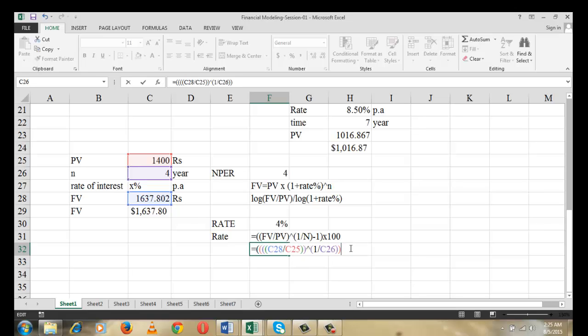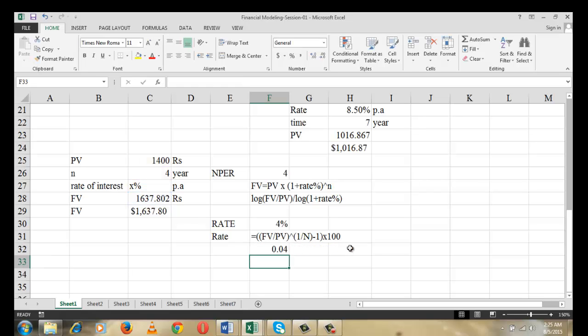Now future value by present value can be determined, then 1 by n, then minus 1, then minus 1 into 100. You get the 4%. Fine. So anyway you do, you get the same answer. Very simple concept on use of this compound interest logic.